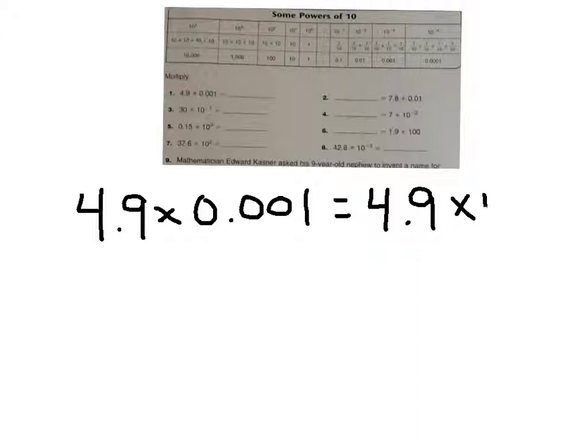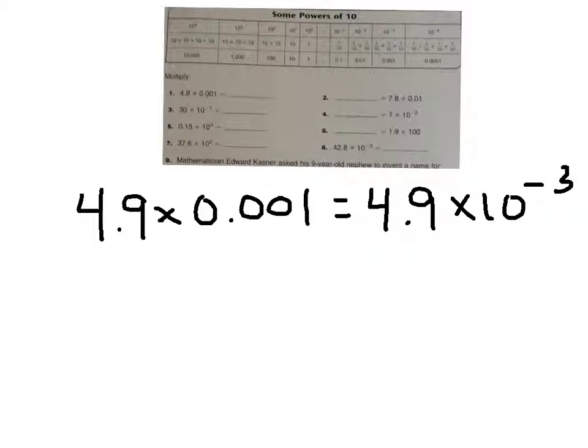So that's times 10 to the power of -3. So the trick that you can learn is that if you look at this number here, the exponent, if it's a negative exponent, the first number, this decimal, is going to move to the left. If it's a positive exponent, it's going to move to the right.